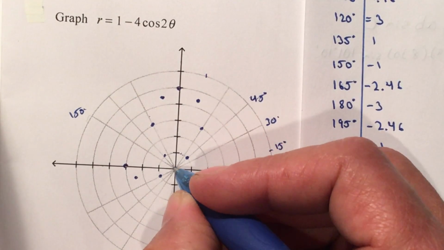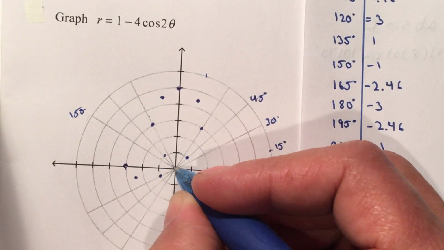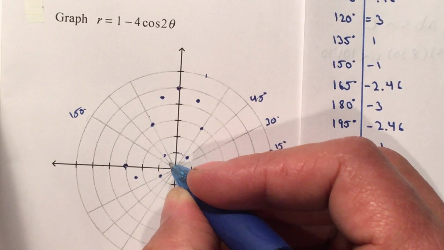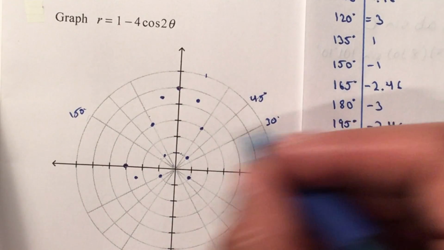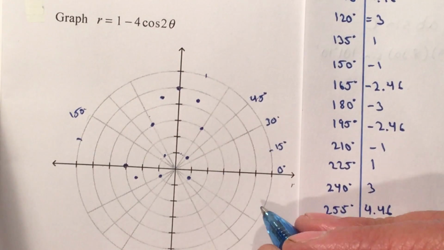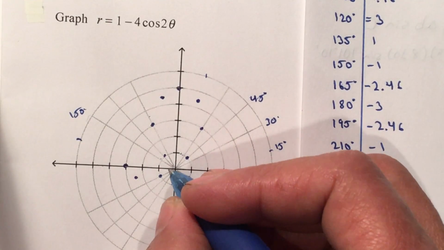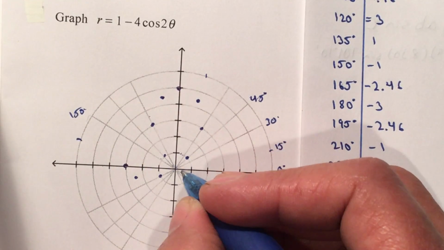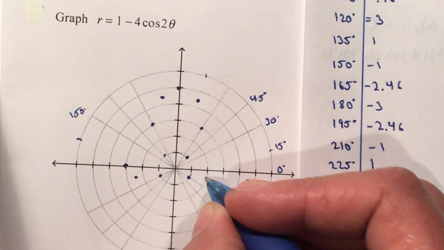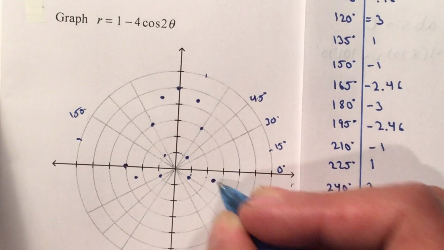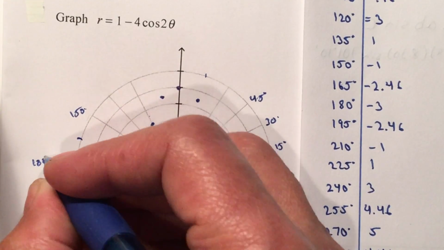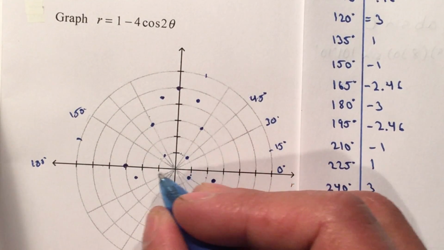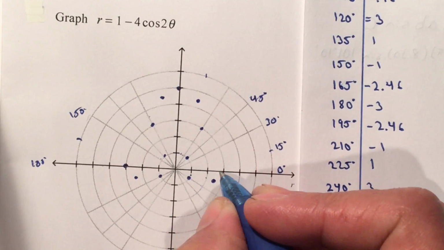Instead of going towards 150, I'm going to go the opposite way, negative 1. 165, instead of going forward, I'm going to go back 2.46. 180 will be negative 3. Instead of going forward, I'm going to go 1, 2, 3.